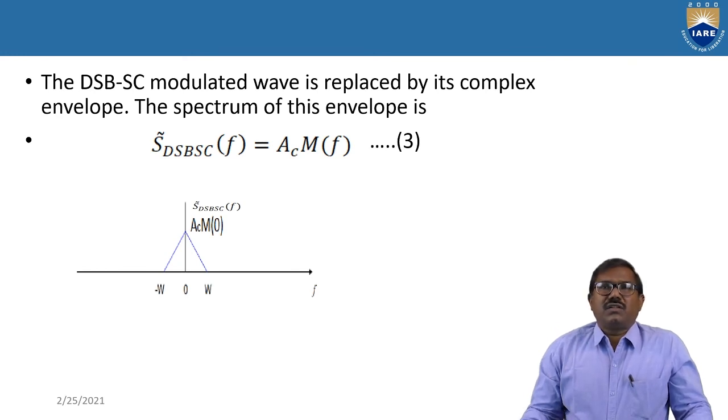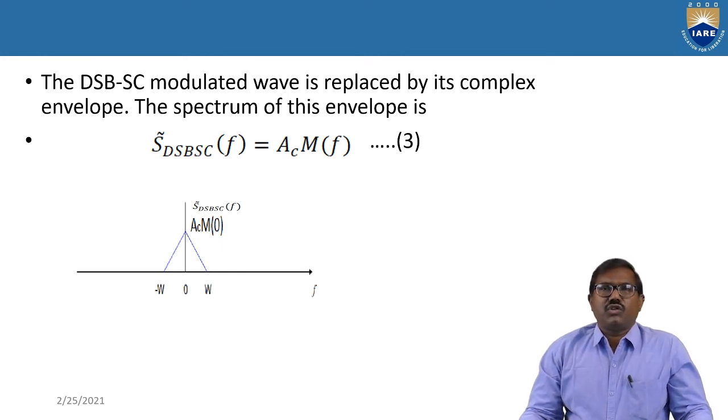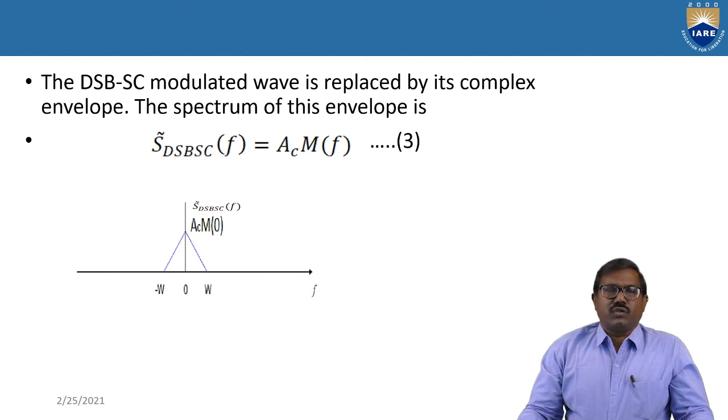Now this is sent to the low pass filter, and we get this frequency response of the DSB-SC complex envelope, S̃_DSB-SC(f), which is equal to Ac M(f). The spectrum is given below. Here it is Ac M(0) at f equal to 0. At the zero point of frequency, we take the response of the message signal and the spectrum of that message signal, M(0).